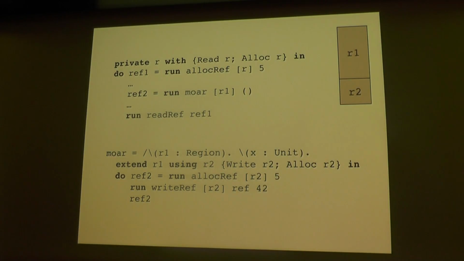I'm going to create an extension region which I allow read, allocate and write into it. So I allow write effects into the extension. I destructively initialize objects in the extension, and then when I'm done, that new extension joins my existing region, now with its new initialized objects.